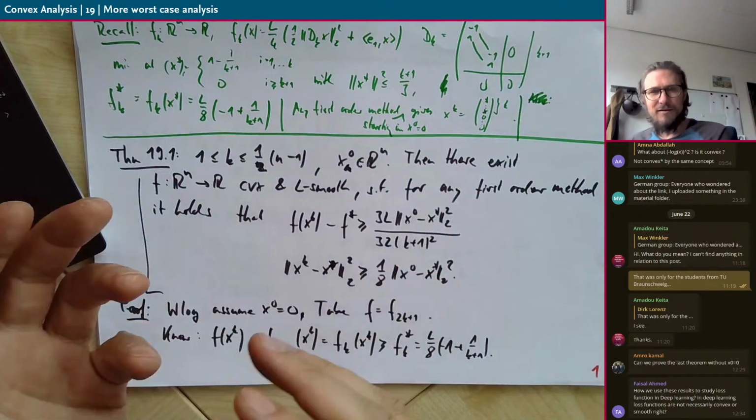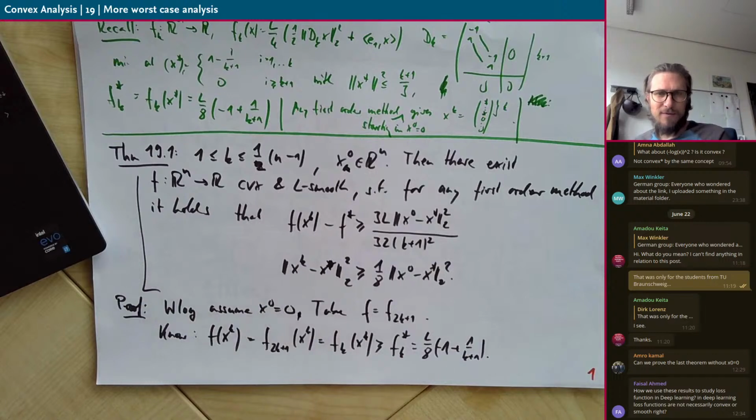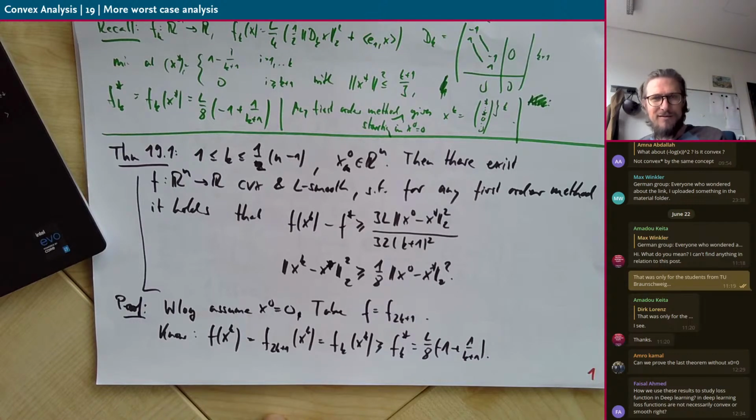So if you start close enough to a minimizer, then this asymptotics would apply. But here comes the catch. It's totally not clear whether or not minimizers in the case of deep learning are in points where the function is locally convex. And I would say recent evidence in recent years more or less points to the opposite.